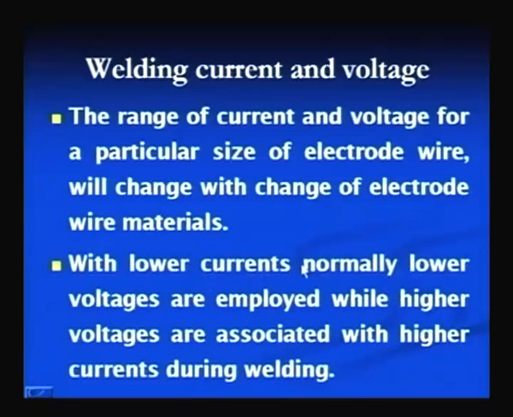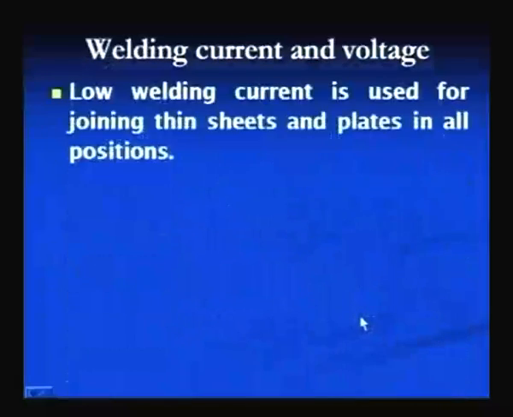With the lower currents, normally the lower voltages are used, while the high voltages are associated with the high current for welding purposes. Here low current is used when joining thin sheets and plates in all positions. Thin sheet welding needs special care in terms of the heat input.